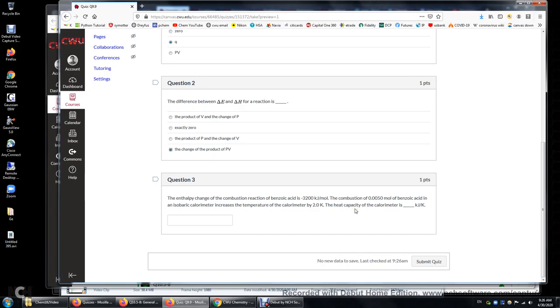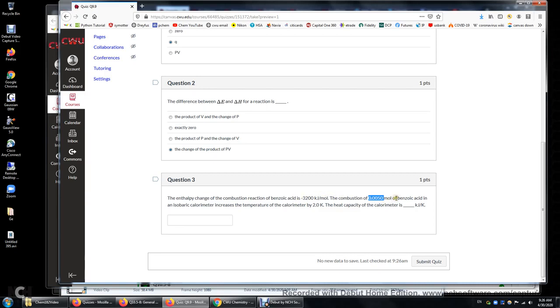So we need to compute the amount of heat produced by benzoic acid, which is this times this. Okay, so you do the multiplication, you get 16 kilojoule. You want to say negative 16 kilojoule. That's correct, because benzoic acid loses energy. So it's negative 16 kilojoule.